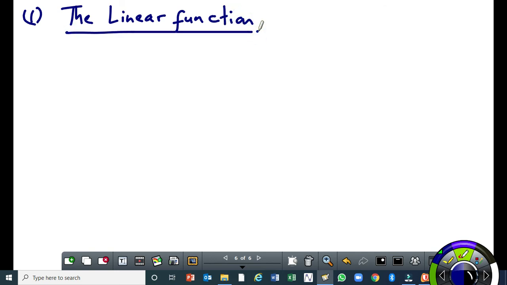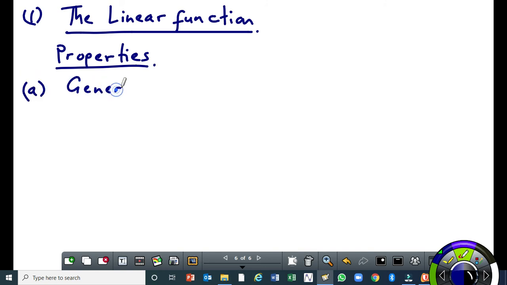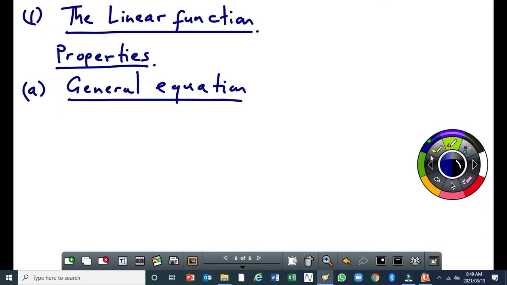In terms of the properties, first we will talk about the general equation. The general equation is y equal to mx plus c.